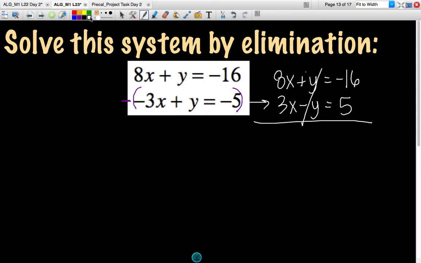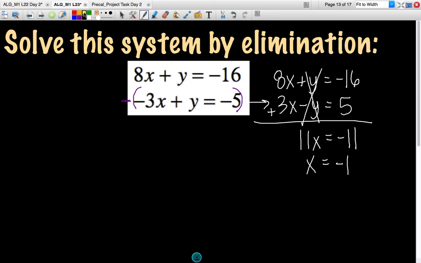Now, if you look, your y's cancel. This is 8x, 3x. They're positive, so 8x plus 3x is 11x. And negative 16 plus 5 is negative 11. Divide by 11, x equals negative 1.